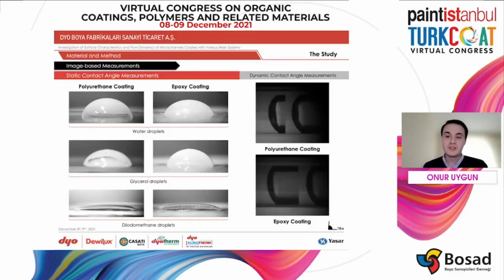We use these images to measure dynamic contact angles and calculate fluid flow velocity, and then, of course, the interfacial tension between the coated inner surface and fluid flowing through this channel.